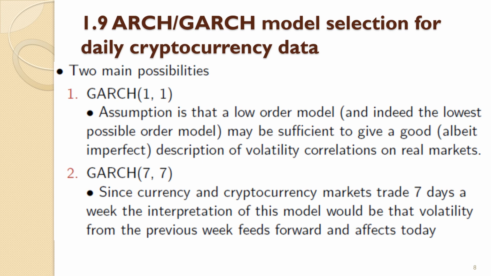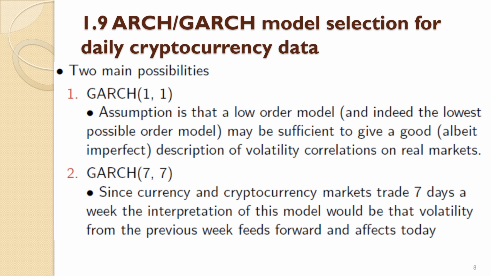The assumption here would be that a low order model, and indeed the lowest possible order model, might be sufficient to give a good description of volatility correlations on real markets. However, this is necessarily going to be imperfect. Just because you've got a hard statistical model that you're applying to your data, don't think that this will give a completely precise 100% description of volatility fluctuations on this market.